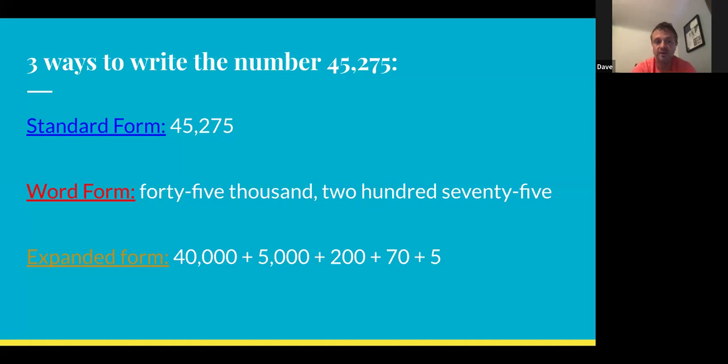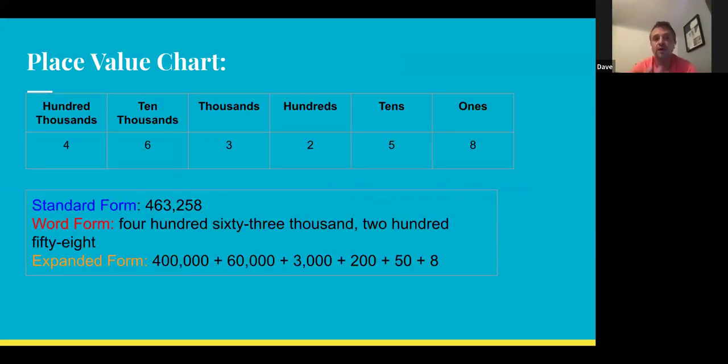Can you remember standard form, word form, and expanded form? If not, think, okay, word form is word, I got this. Not sure about expanded or standard form? So think, expand, pull apart, you're pulling it apart, and standard is just the regular way.